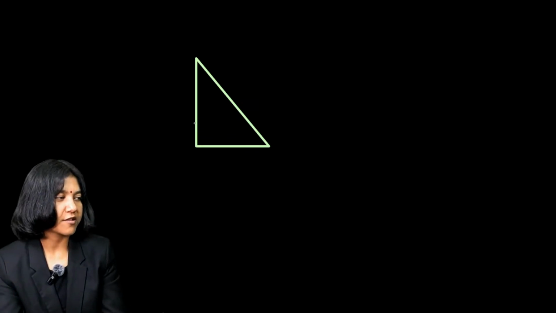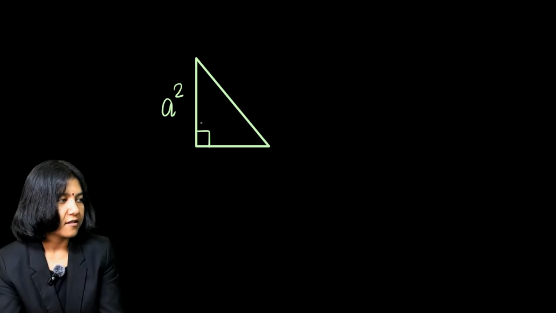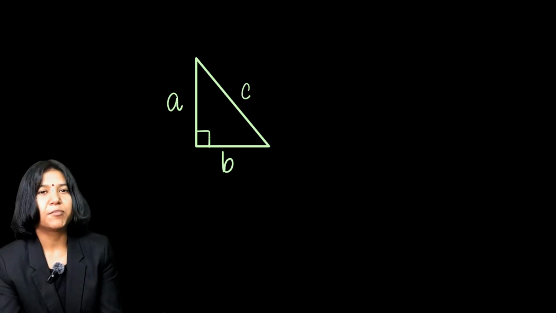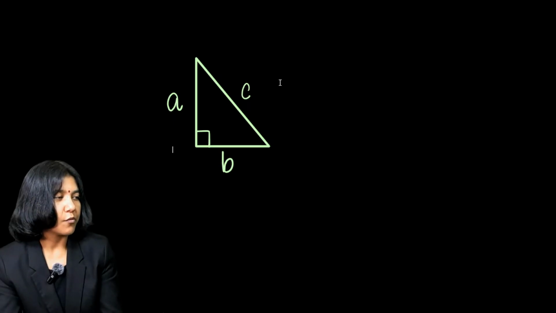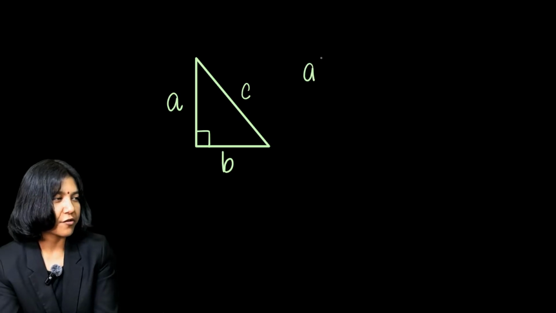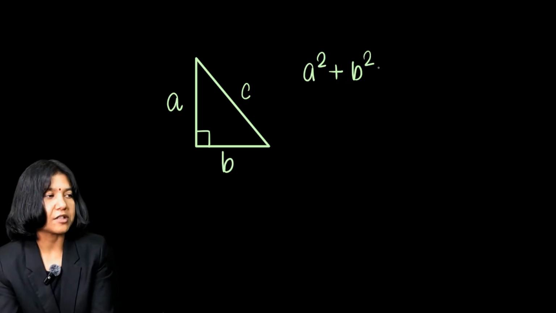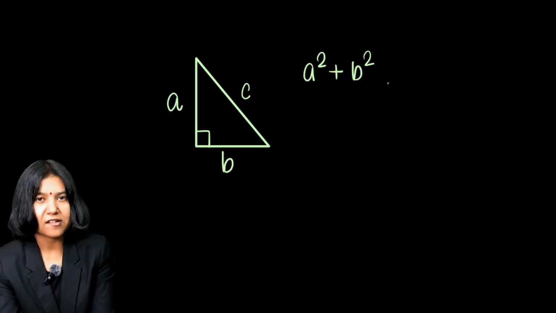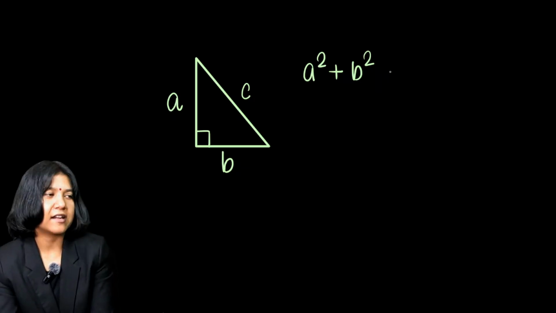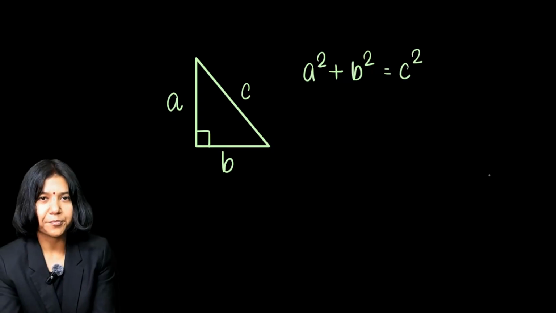You have three sides in a right triangle, and with the help of Pythagoras theorem, we know that the square of the first side and the square of the second side, the two perpendicular legs, when I take their squares and add them up, should give me the square of the third side. That's Pythagoras theorem, right?